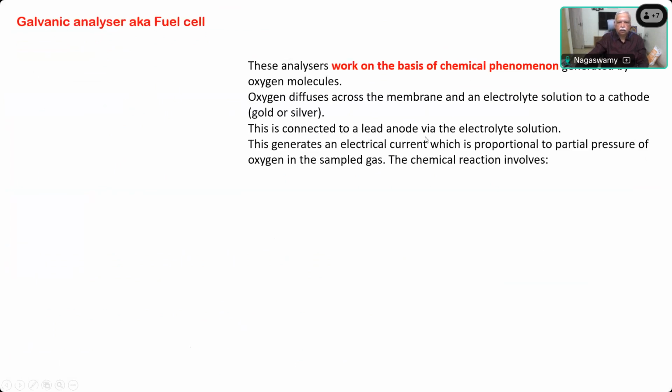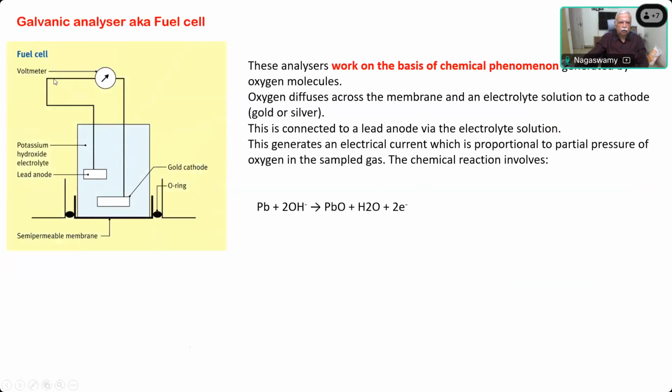So this leads to the anode via the electrolyte solution, which generates an electrical current proportional to the partial pressure. The chemical reaction involved in these galvanic fuel cells: there is a lead electrode with a hydroxyl solution. So Pb plus 2OH becomes PbO, lead oxide, water, and 2 electrons are produced.